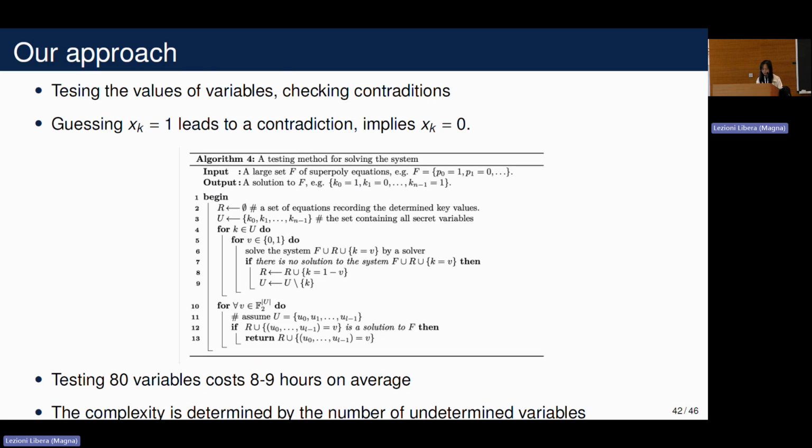And after testing 80 variables, if some variables still could not be determined, we enumerate their values. Because our tests are fast, it costs 8 to 9 hours on average. The complexity is determined by the number of undetermined variables.